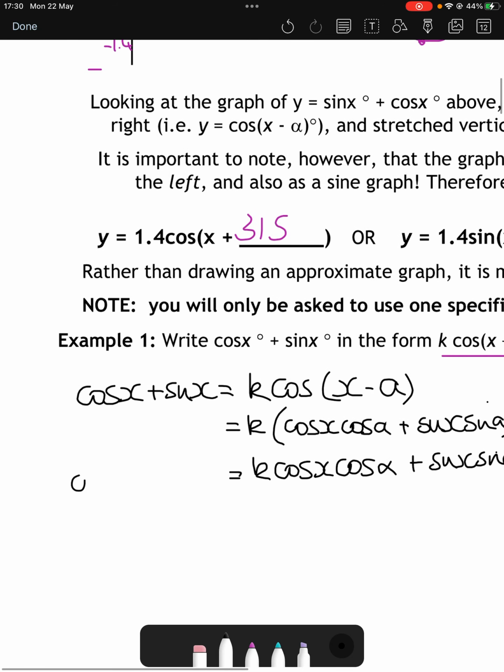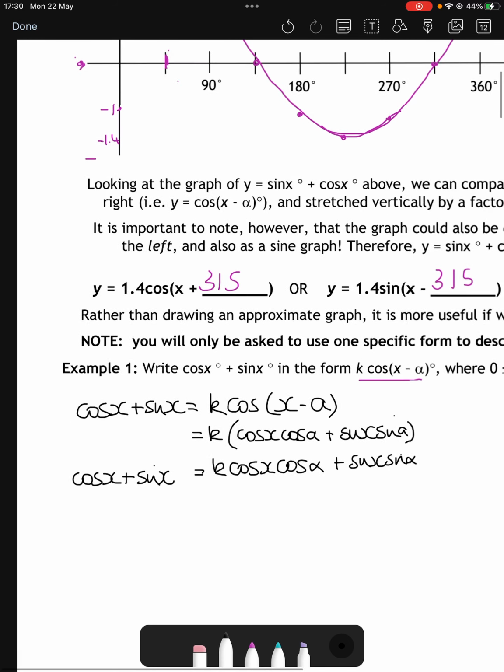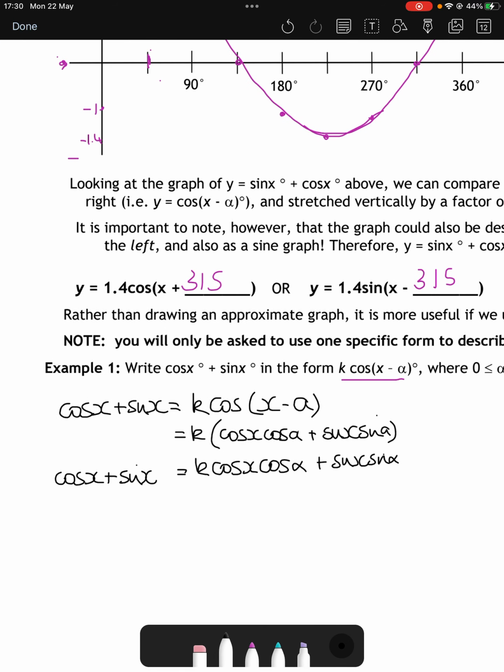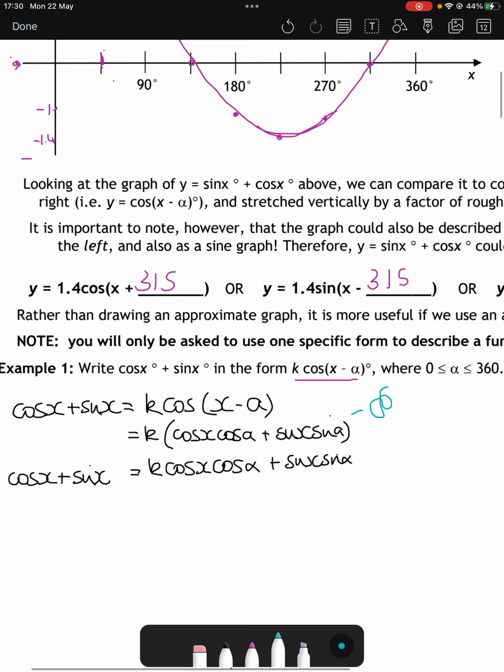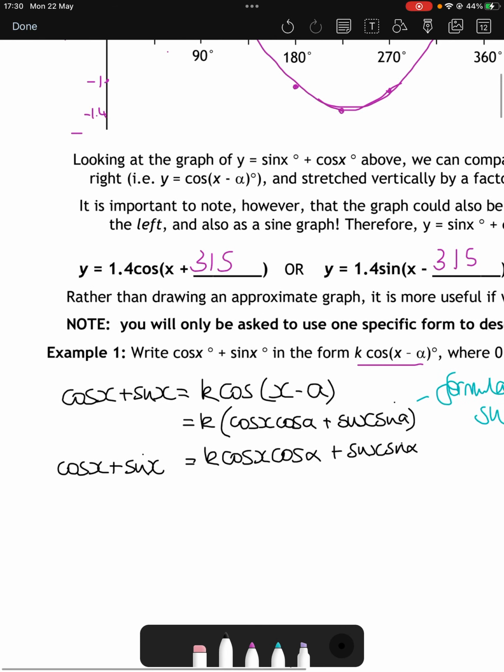Okay, and that is equal to this, cos x plus sine x. So we're taking the expansion they're telling us to pick, which is cos of x minus a. We're using our formula sheet, our addition formula from trig before, and then we end up at this point here.